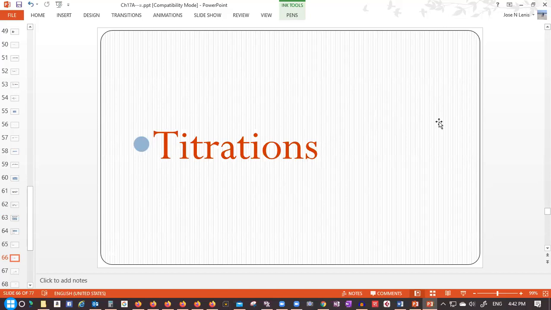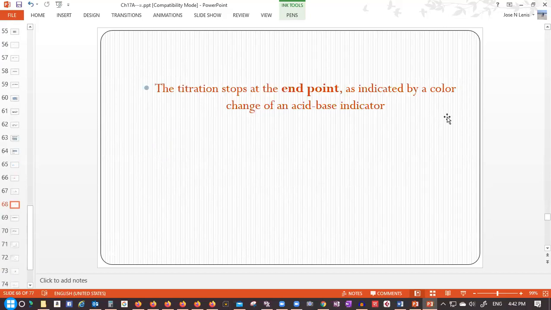There are different types of titrations. Gravimetric titration, also redox titrations, but now we are going to focus only on acid-base titrations. What is that technique?